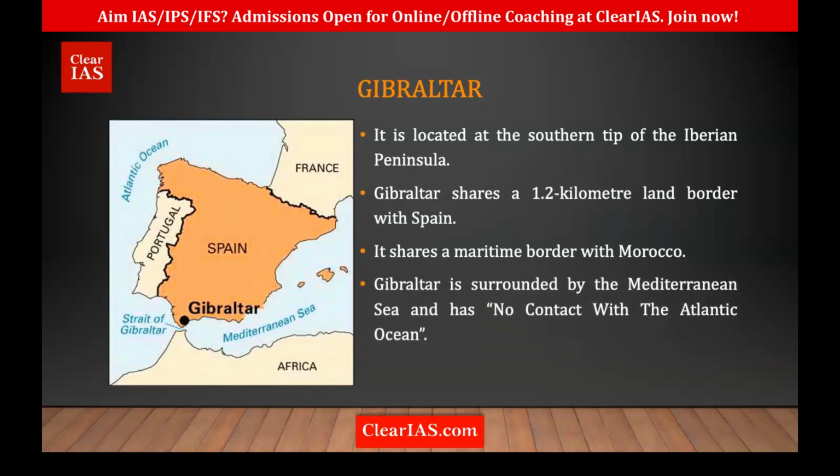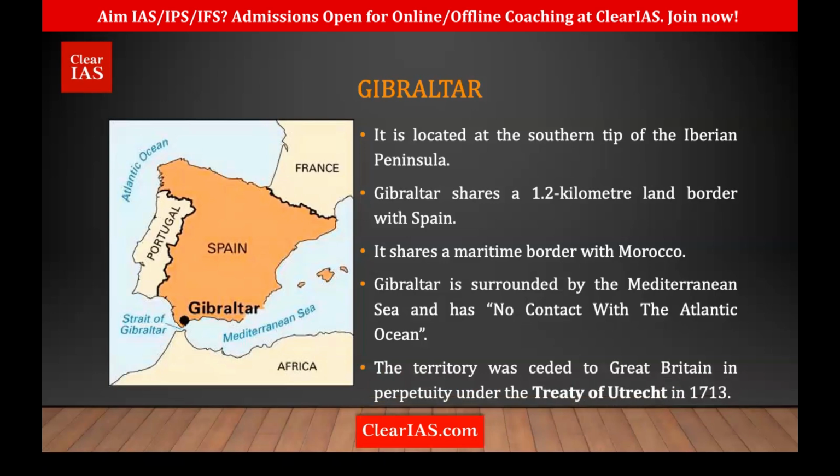And remember, it has no contact with the Atlantic Ocean. Although it is here, the place Gibraltar has no contact with the Atlantic Ocean. The strait connects the Mediterranean Sea and the Atlantic Ocean, but the place Gibraltar shares its border with the Mediterranean Sea.